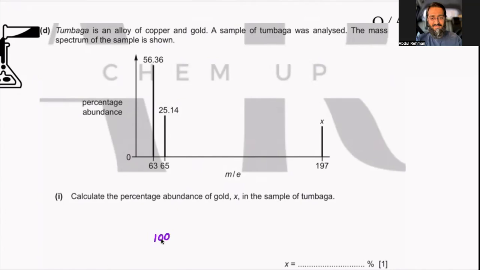So the total percentage is 100. One isotope has a percentage of 56.36, that is copper. The other copper has a percentage of 25.14, and the percentage of gold is X. So if I subtract these two values from 100, I will get the percentage of the gold.